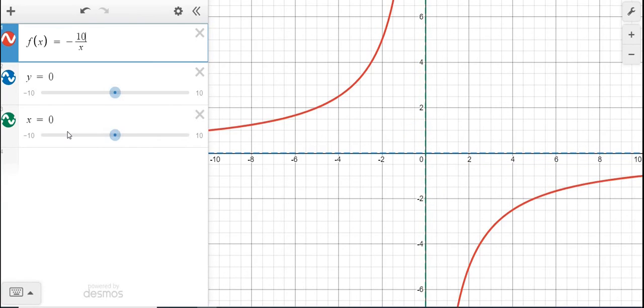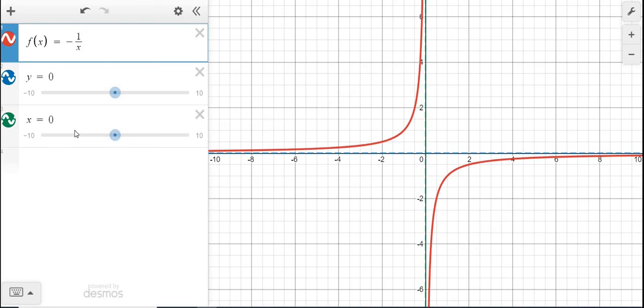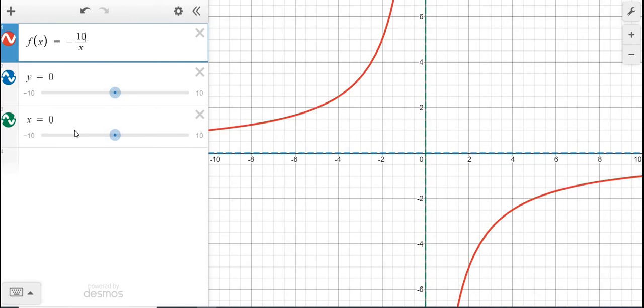And what that does is it causes a vertical stretch of the parent function. So it takes all of the y values and shifts them either further upwards or further downwards, depending upon which portion of the graph we're talking about. So for this part that's in the second quadrant, it shifts all of the y values up. For the portion that's in the fourth quadrant, it shifts all of the y values down.